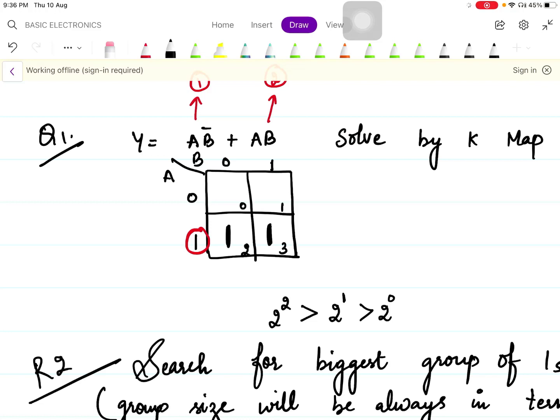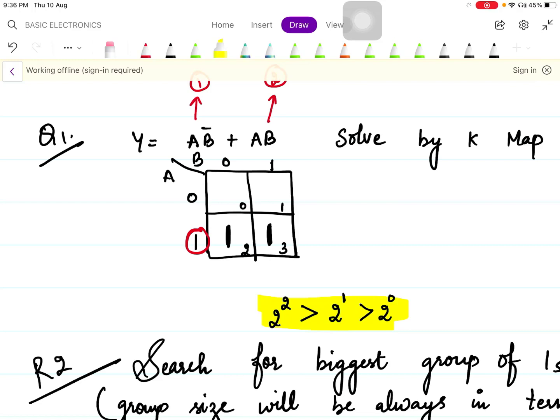That will help you a lot. The biggest group that is possible in a two-variable K-map is of 4, and the groups will always be in powers of 2. This is also to be remembered: the groups will always be in powers of 2, which means that first of all we will search for a group of 4, because a maximum group of 4 is possible, that is 2 raised to the power 2.